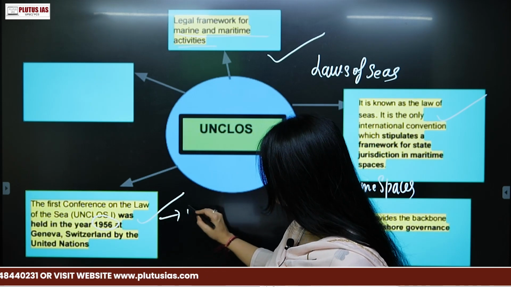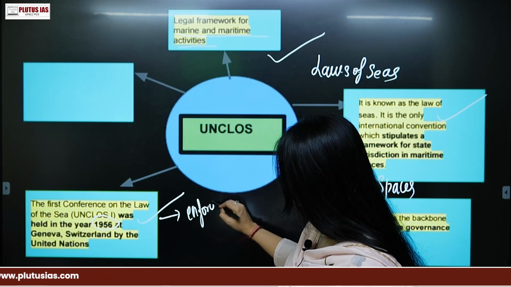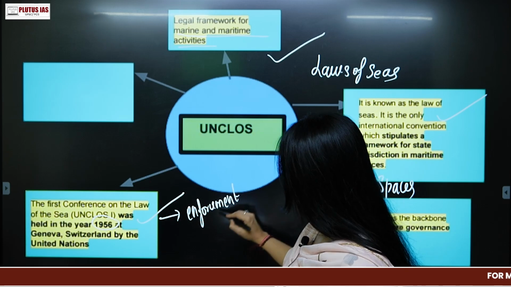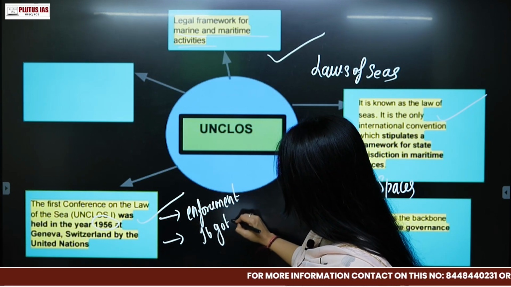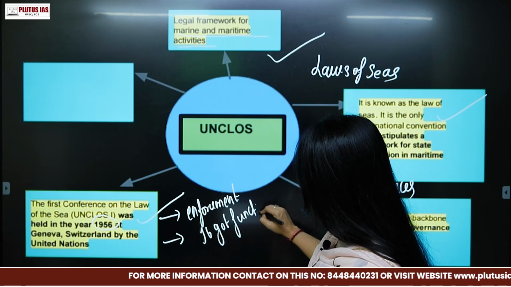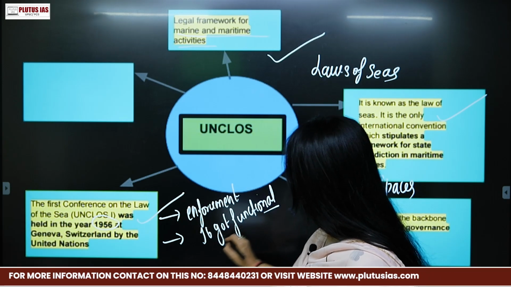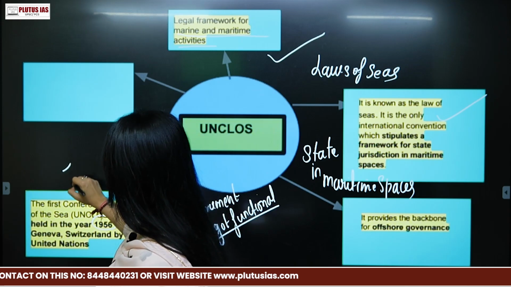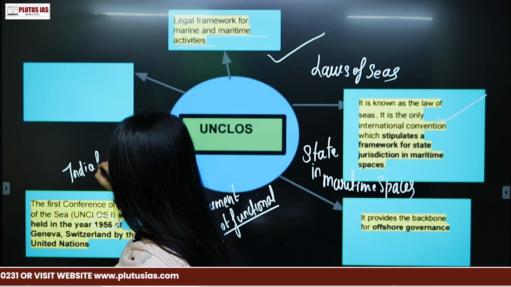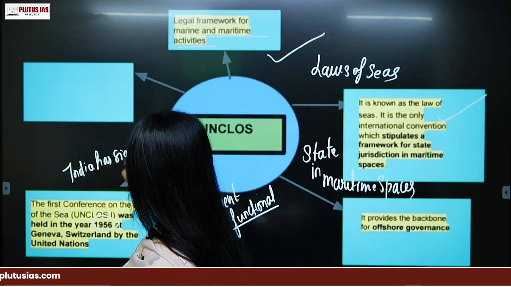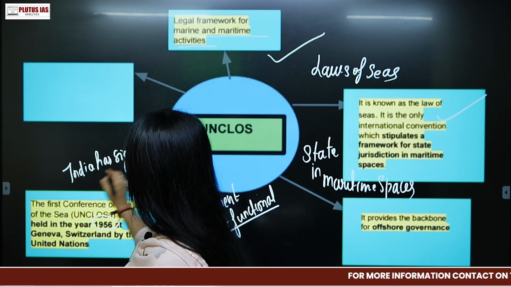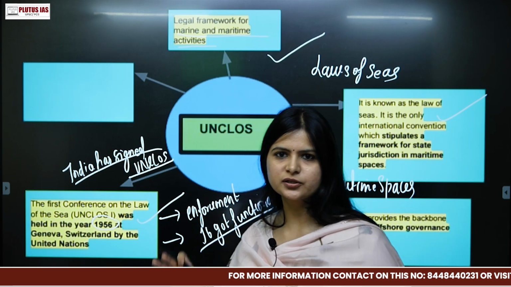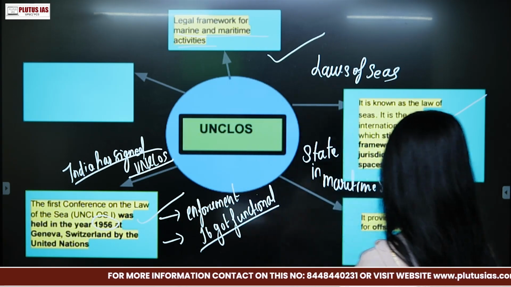You can also learn the date of enforcement, and when it became functional. And who has signed, for example, India has signed UNCLOS. So these key features are important with respect to UNCLOS.